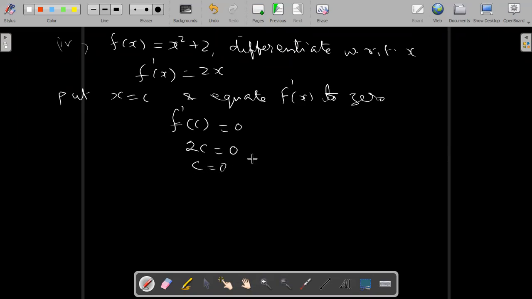So c is equal to 0, which belongs to the interval minus 2 and 2. This is necessary. If it does not belong, then we cannot verify. So it belongs to the interval, hence we can say that Rolle's theorem is verified.